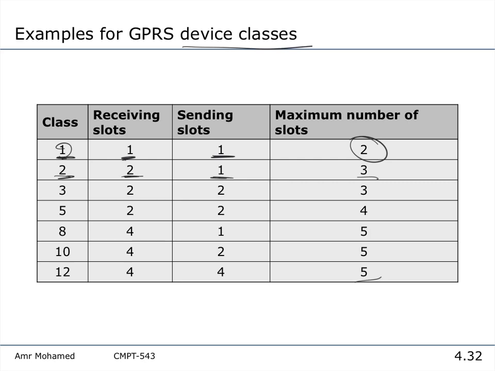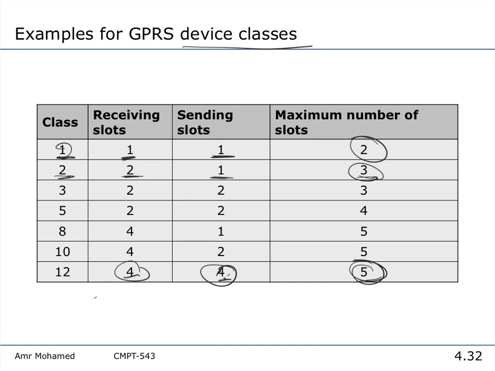The downlink might be fast and the uplink a little bit slow. And in total, I have 3 channels. So here we have 4 and 4, but in total I can have only 5, which means I can have 3 and 2, or 4 and 1. But the total has to be 5. So concurrently I can support up to 5 time slots. I can use maximum 4 on the uplink and maximum 4 on the downlink, but in total I have 5. So these classes refer to hardware limitations in the mobile station itself.